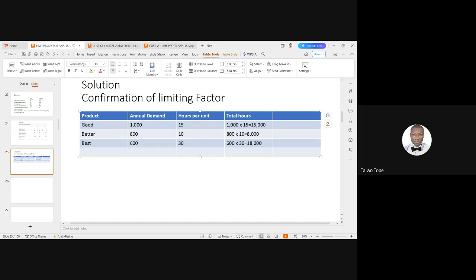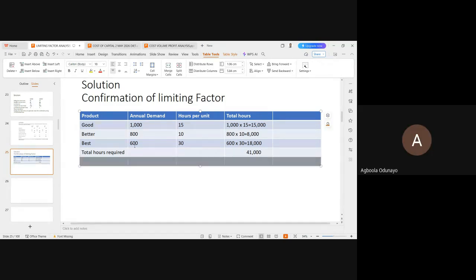So when you add everything, total hours required will give you 41,000 hours. Total hours available is 20,000 hours.